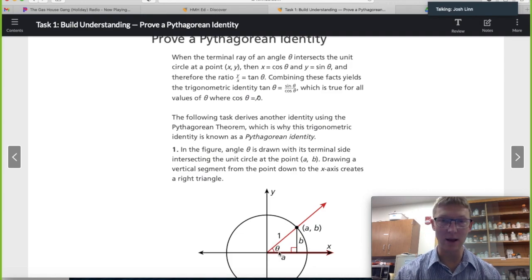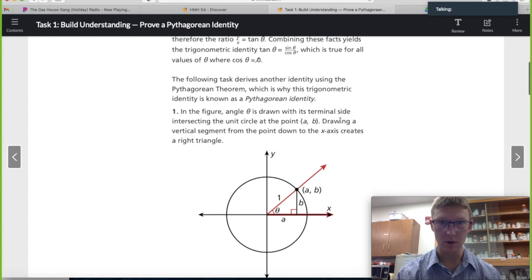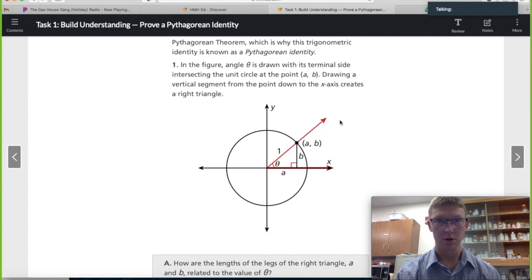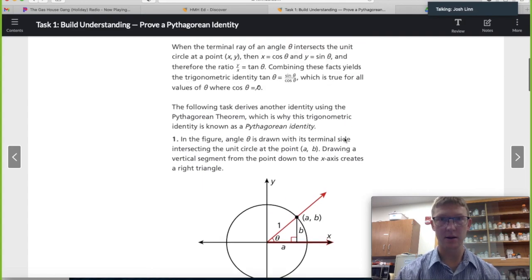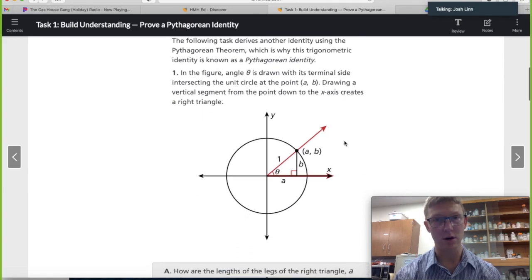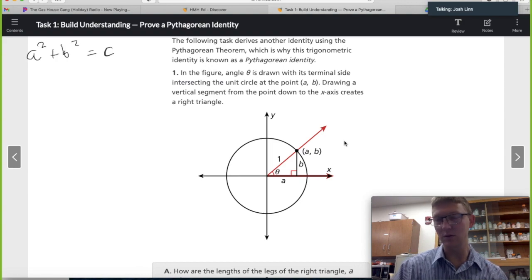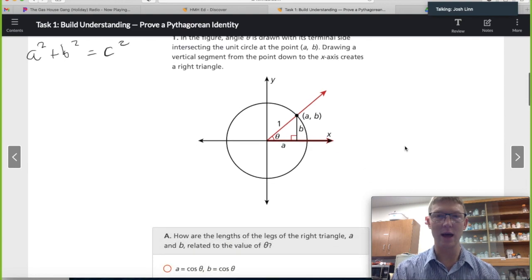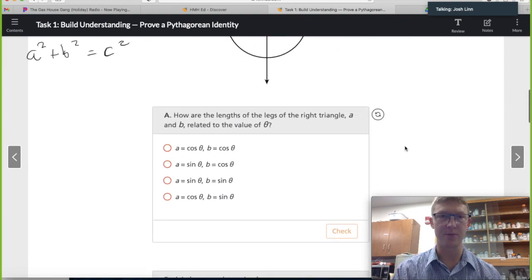That's true for this angle theta. So hopefully you recognize the Pythagorean theorem: a squared plus b squared equals c squared. We're going to use that to figure some stuff out.